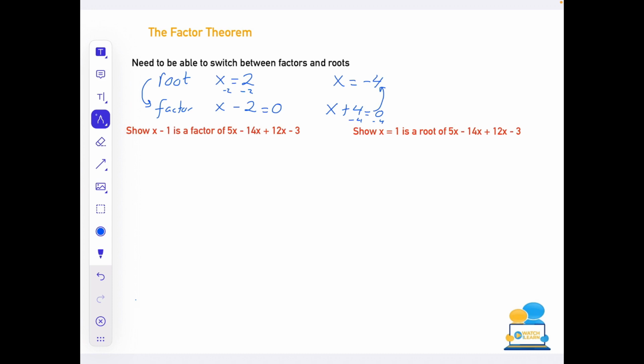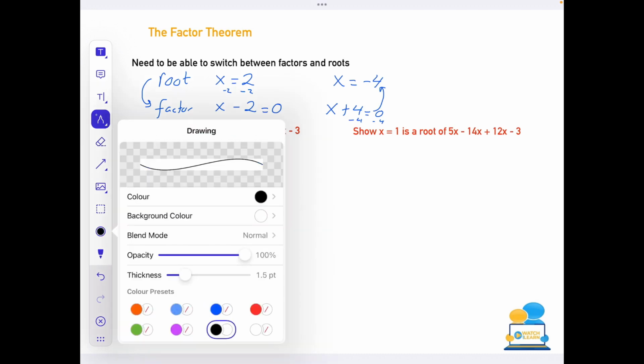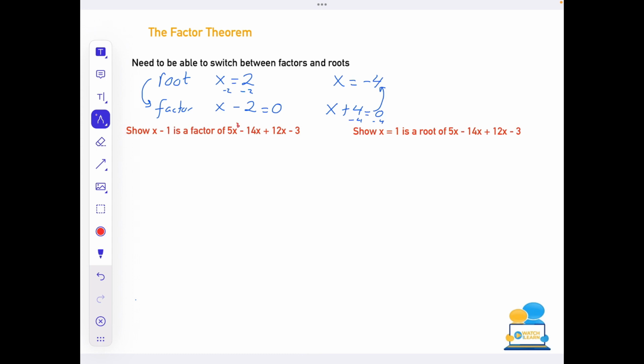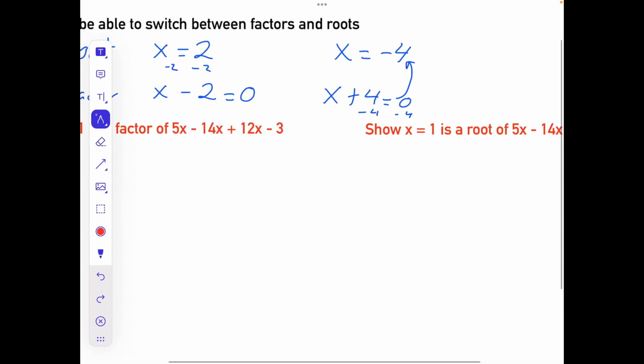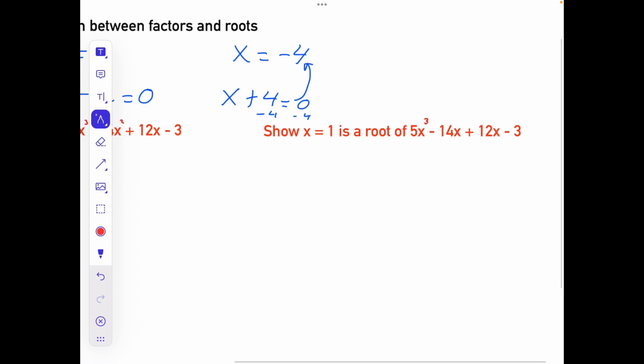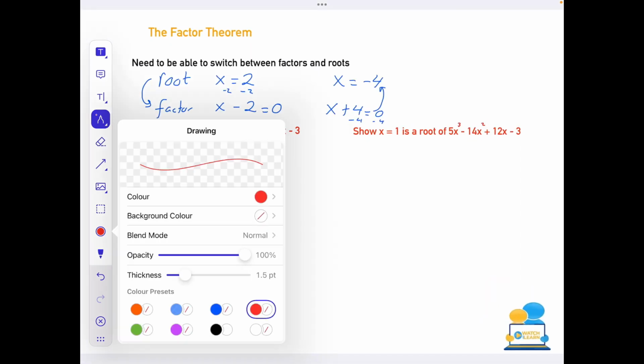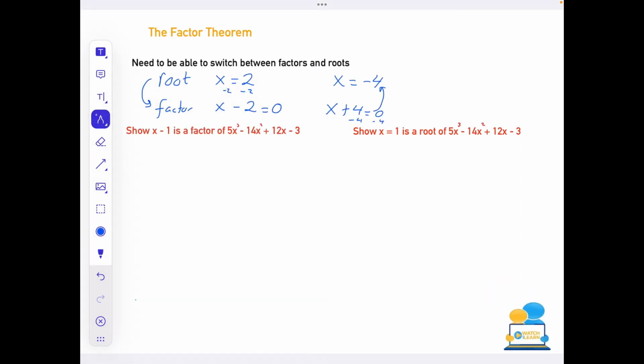Now if you want to show that something is a factor, my first question over here on the left hand side: show x minus 1 is a factor of, sorry, there should be powers there, so I'm just going to write those in quickly. So that's cubed, squared, and then over here as well, cubed and squared. We want to show that x minus 1 is a factor of 5x cubed minus 14x squared plus 12x minus 3.